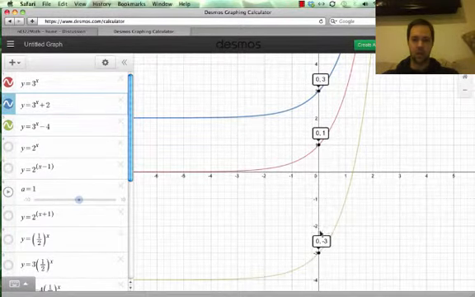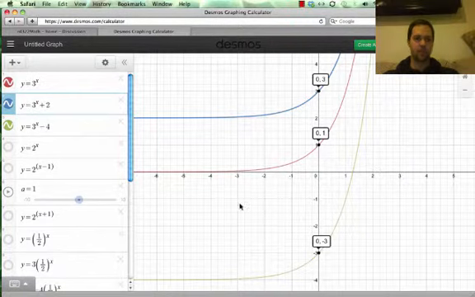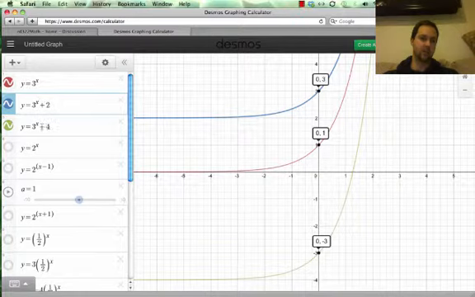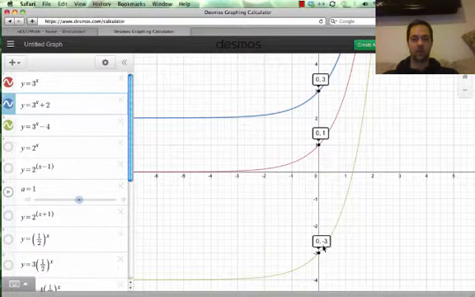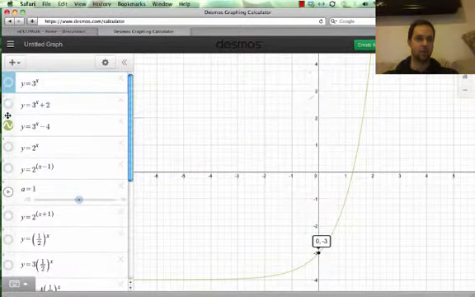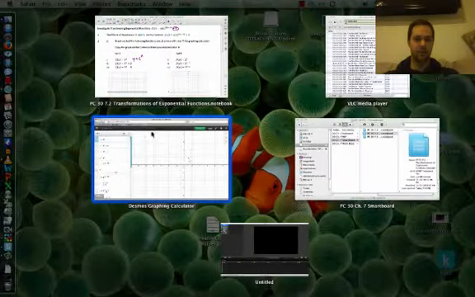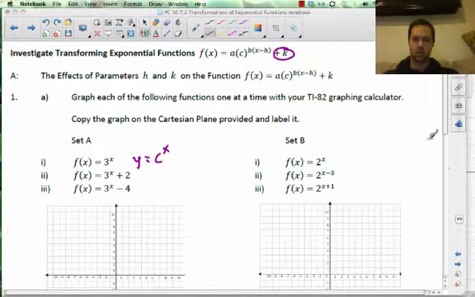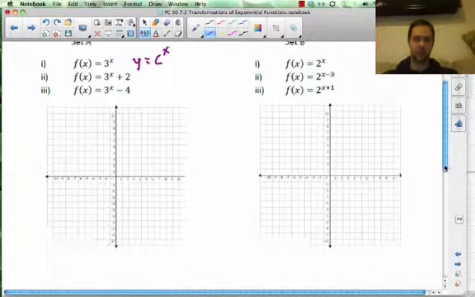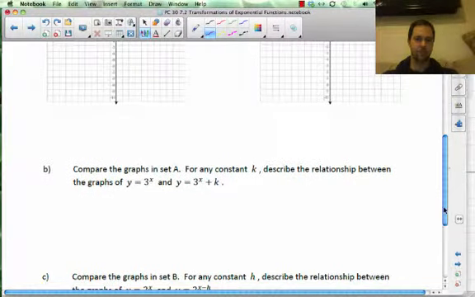You guessed it, -3. So take your y value and add the value of the k. In the first one we added 2, in the second one we added a -4, which brought us down to our new y-intercept of -3. So that is the effect of k on the graph of an exponential function.